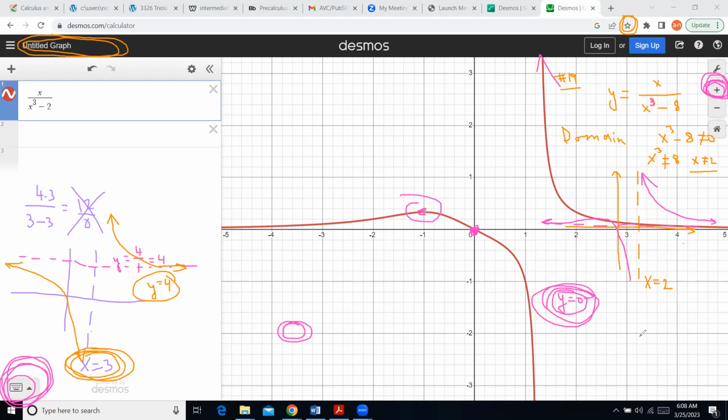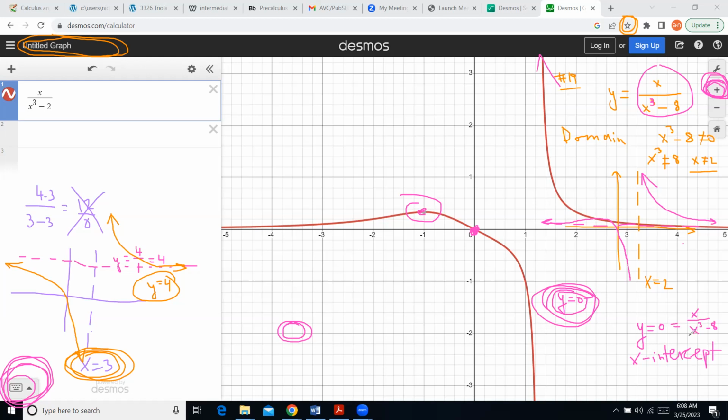So we can see that if I want to find the so-called x-axis intercept, all I need is to set my y, or actually this entire fraction, x divided by x to the power of 3 minus 8, equal to 0.